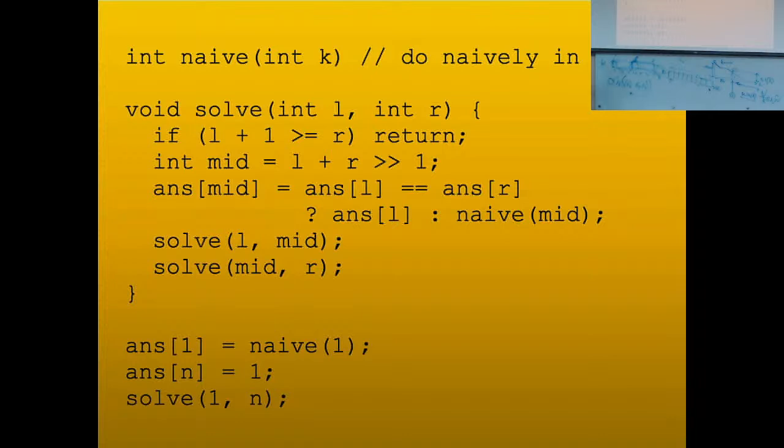Yeah, it's probably times. Because you can divide it into segments, and if there's a continuous segment, you at most query this log n times, right? By query, I mean do naively for this. You might need to query naively on some of these points, but it's at most log n times, right? Yeah, so it's probably this, but I don't know.